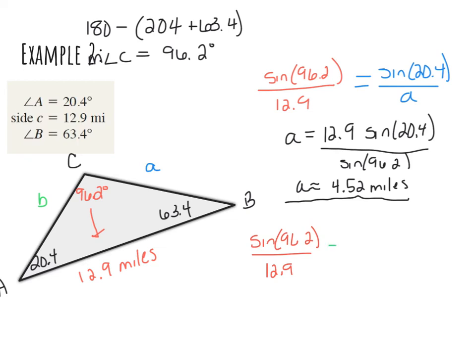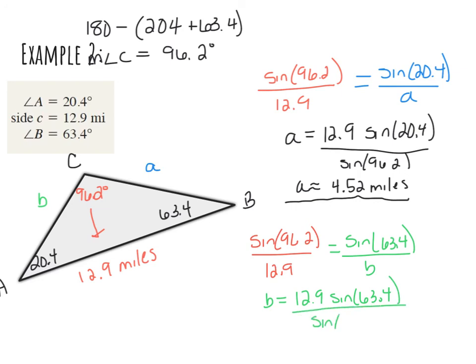This time we're solving for side B, so we're going to use angle B. So sine 63.4 is to side B. So B is going to equal 12.9 times sine of 63.4 divided by sine of 96.2.